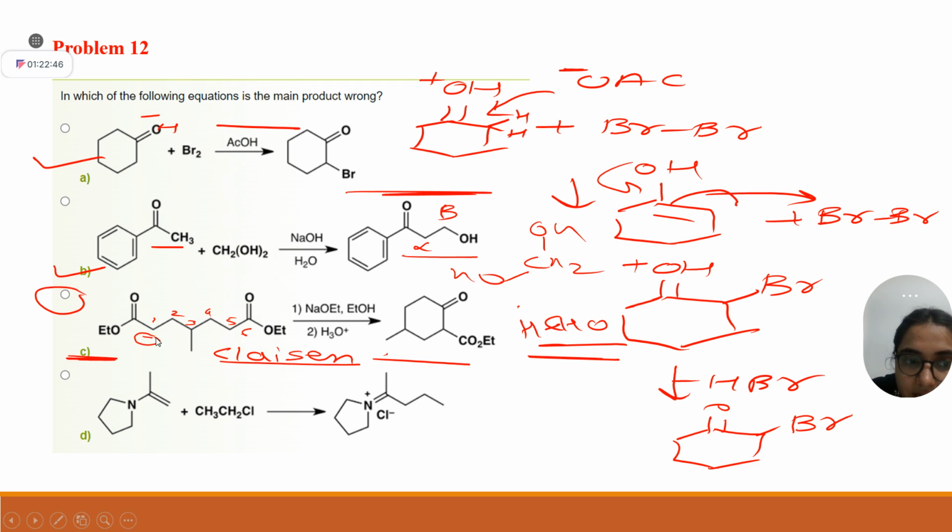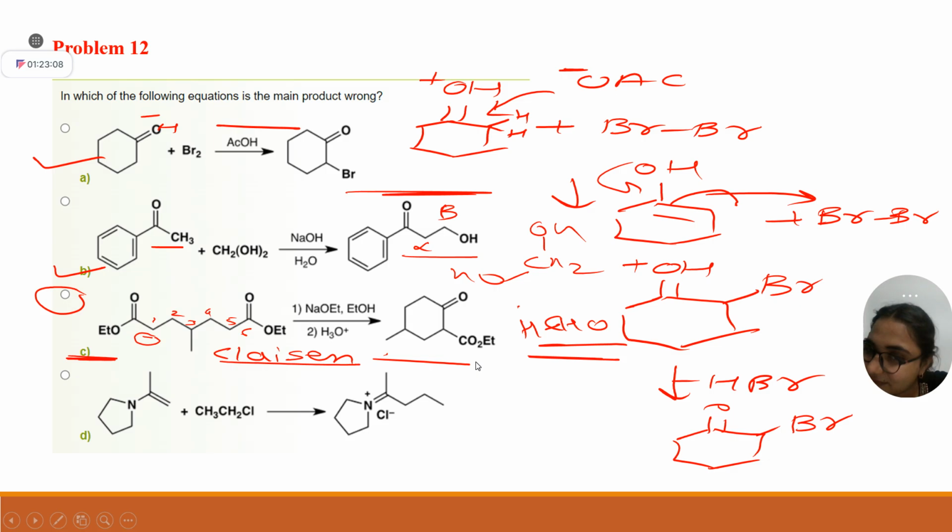This negative charge is going to attack onto this carbonyl, right? If it attacks here, this will become O negative. The O negative charge will come back and it will eliminate this OEt negative and will result in the formation of this product. Now clear?